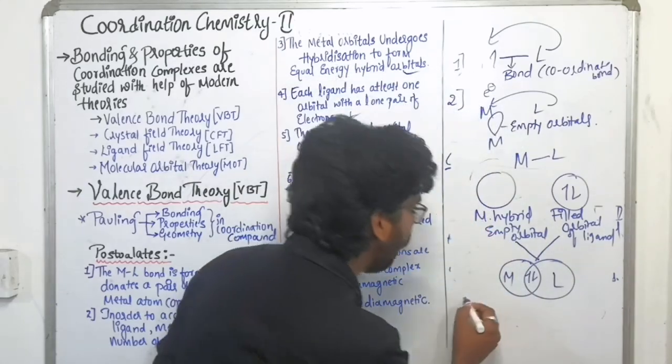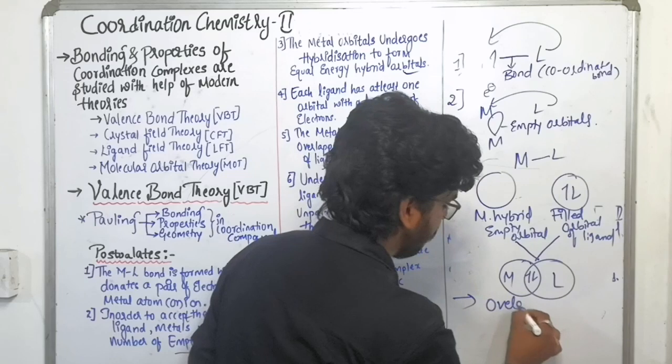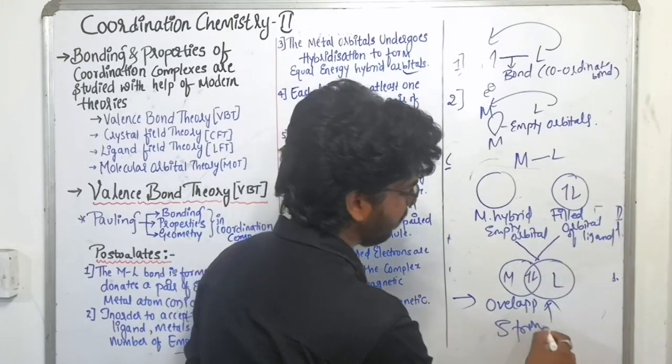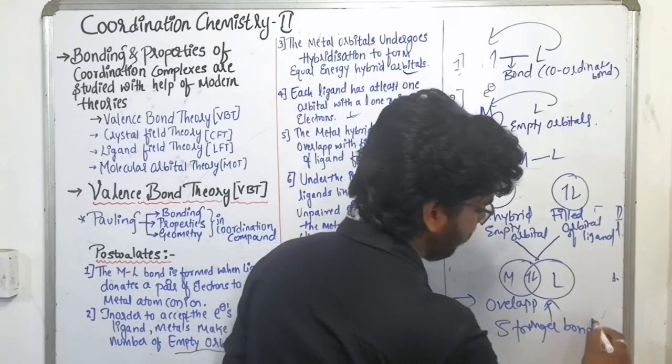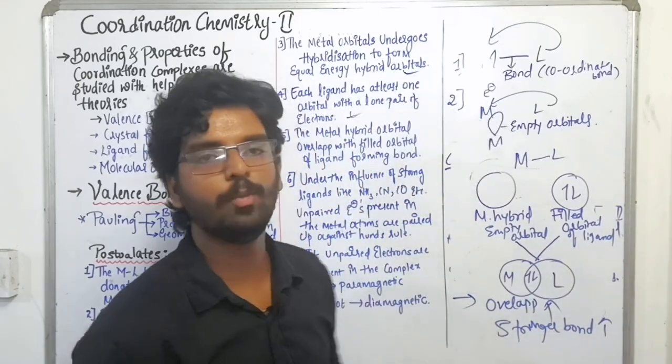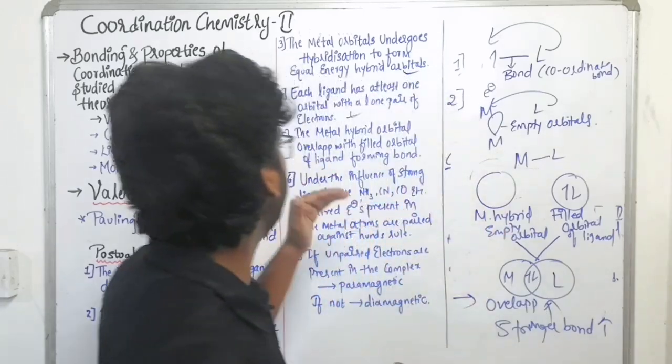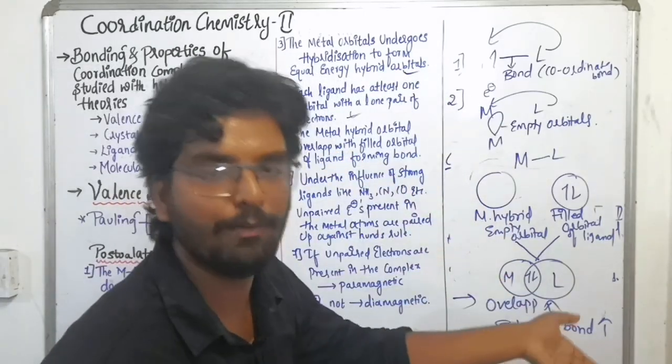So ಎಷ್ಟು ಚೆನ್ನಾಗಿ overlap ಆಗುತ್ತೋ, greater the overlapping, stronger is the bond present. Stronger the bond present between whom and whom? Between the metal and the ligand. So this was the fifth postulate of VBT.